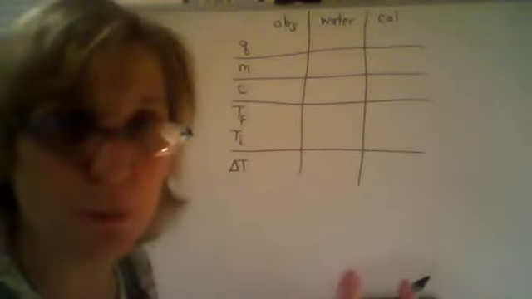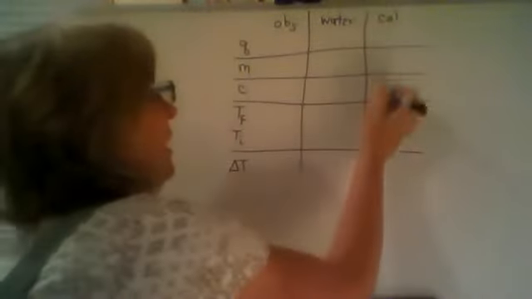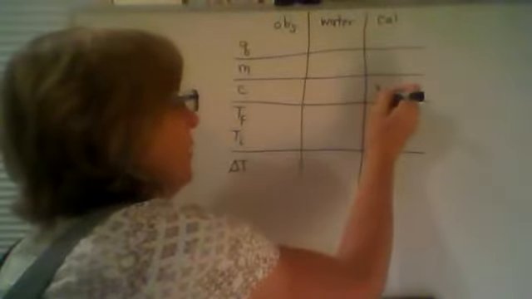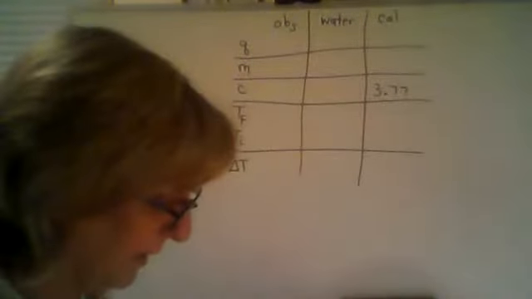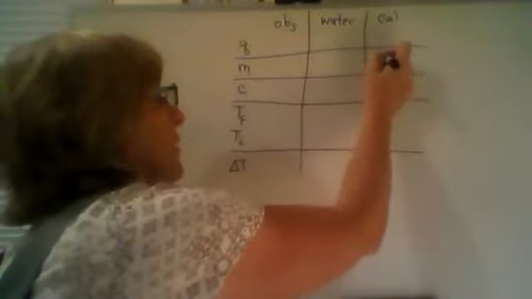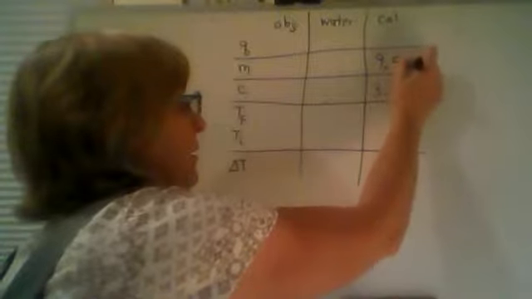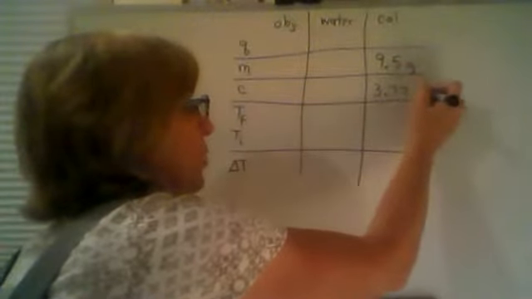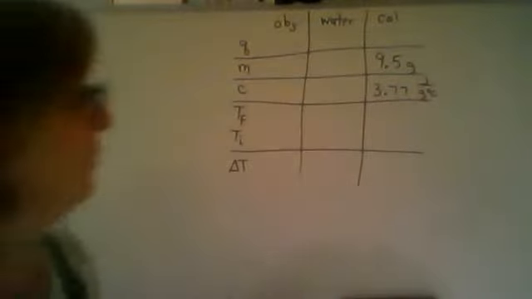So we might as well just start plugging that information in. The calorimeter has a C of 3.77. It has a mass of 9.5 grams. This is joules per gram degree Celsius, right? I think you know that by now.